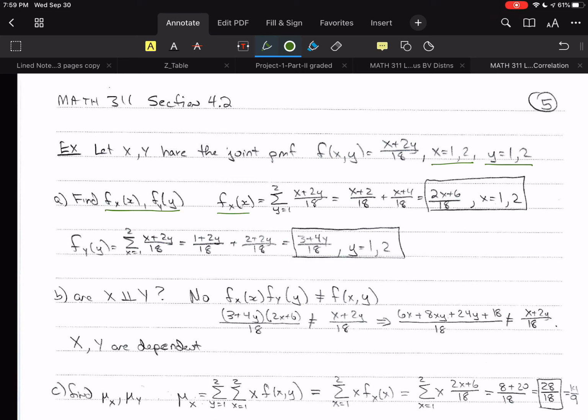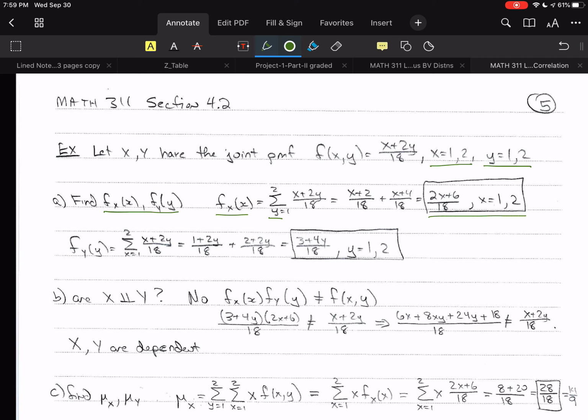So f of x is going to be the sum across y, and that leaves us with this formula, 2x plus 6 over 18 for x equals 1 and 2. Don't forget your support for x because you don't have a PMF without that. And the marginal for y is the sum across x, and that leaves us with 3 plus 4y over 18, where y is, again, 1 or 2.